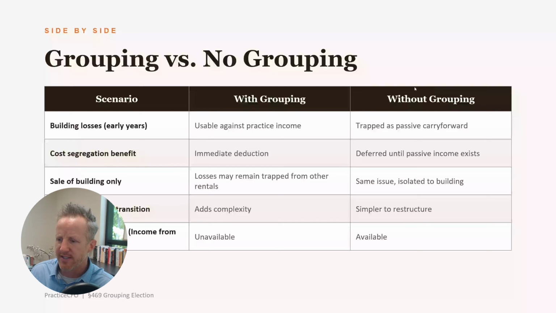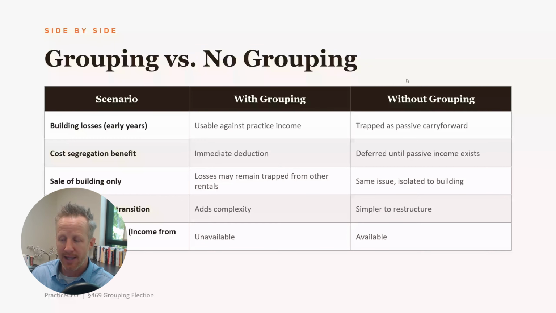Okay, let's go on to the DSO participation or transition where you bring on another owner. When you group it, it really adds complexity. When you don't group the building and your practice, it's quite a bit simpler there because having partitioned ownership between the building and the practice allows more flexibility in transitioning ownership in each one of those two independent of the other.